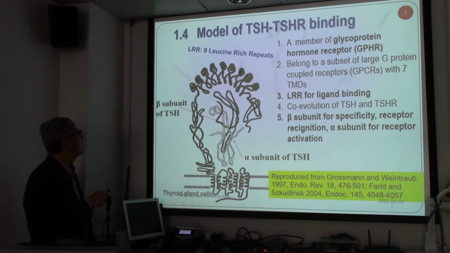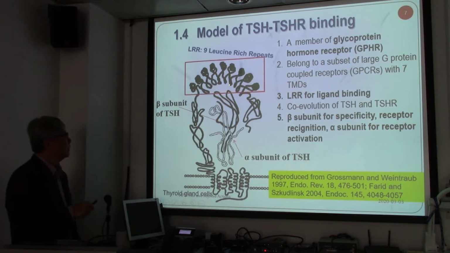These are the leucine repeats, with 9: 1, 2, 3, 4, 5, 6, 7, 8, 9. And that is this domain here, causing some of the trouble. Later on we talk about hyperthyroidism. That is because our own antibody would recognize this as a very special protein and go to attack it. Coming back to here, that's a co-evolution of TSH and TSHR.